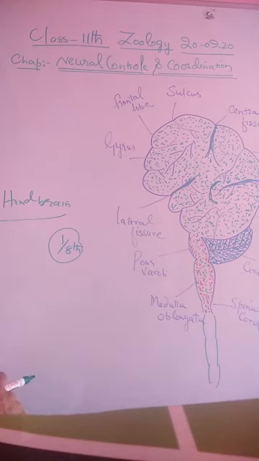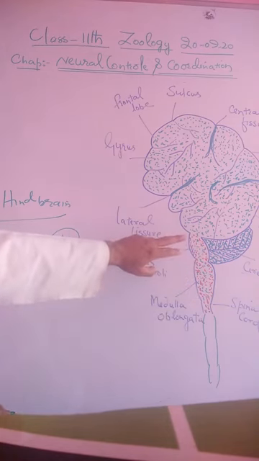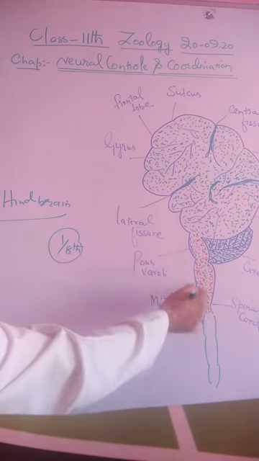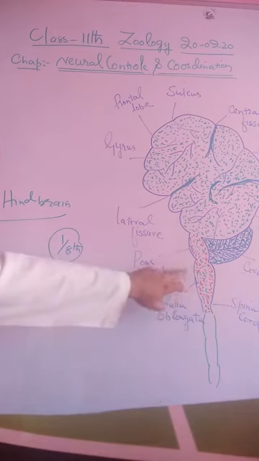It lies below the posterior portion of the cerebral hemispheres and above the medulla. It consists of a pair of large lateral parts, the cerebellar hemispheres, and a small median portion, the vermis. There is the medulla oblongata, which later on continues into the spinal cord. It is the lowermost part of the brain. It is conical in form and encloses a cavity, the fourth ventricle.